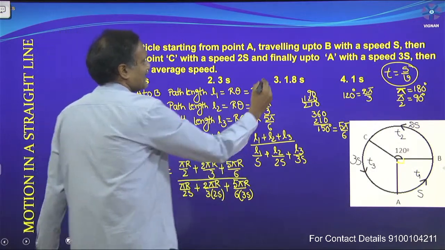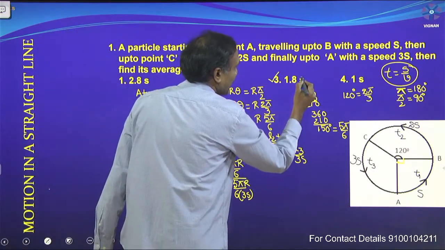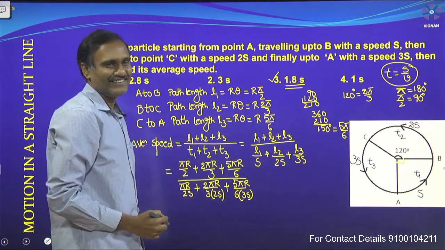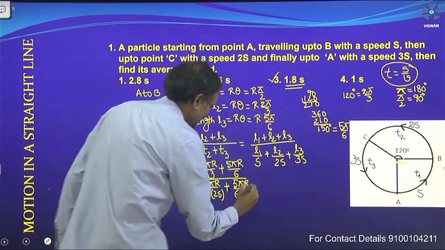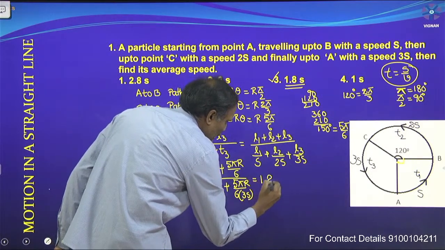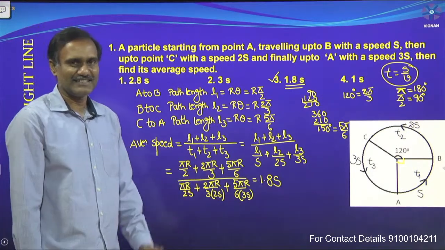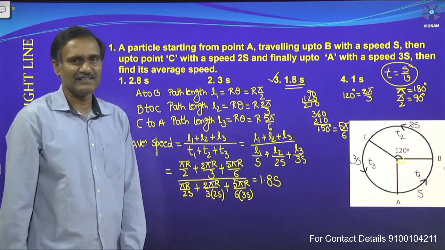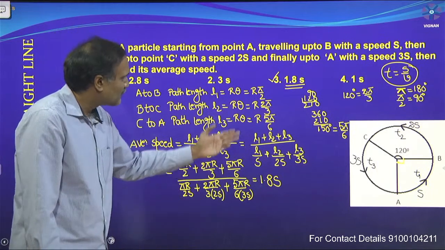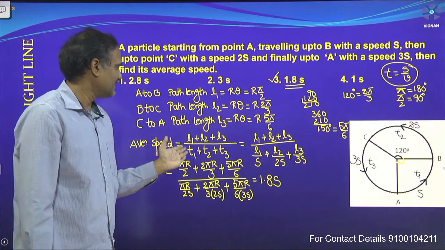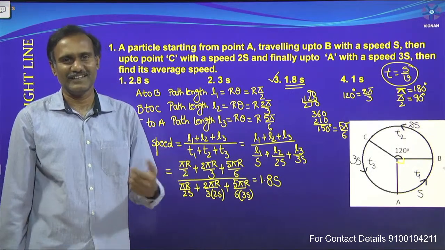You will get it is equal to 1.8, yes, don't say it is seconds, it is 1.8 s. You will simplify that. Very simple. Here also we followed the same formula, that is total path length divided by total time taken.